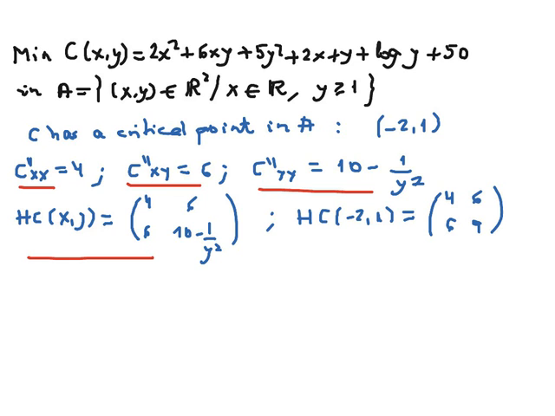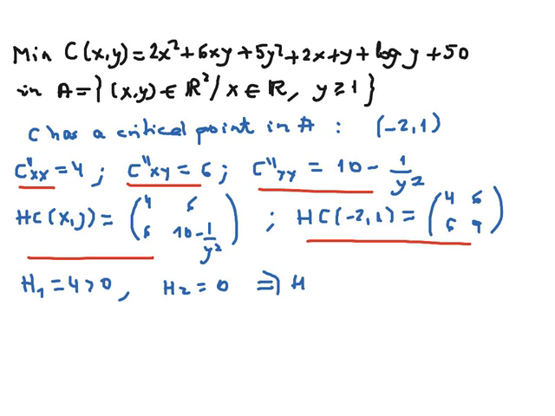Then I replace the critical point in the Hessian matrix and I get this one. To study its sign, I will use the minors method because it isn't a diagonal matrix. The first minor is positive and the second one is 36 minus 36, 0.